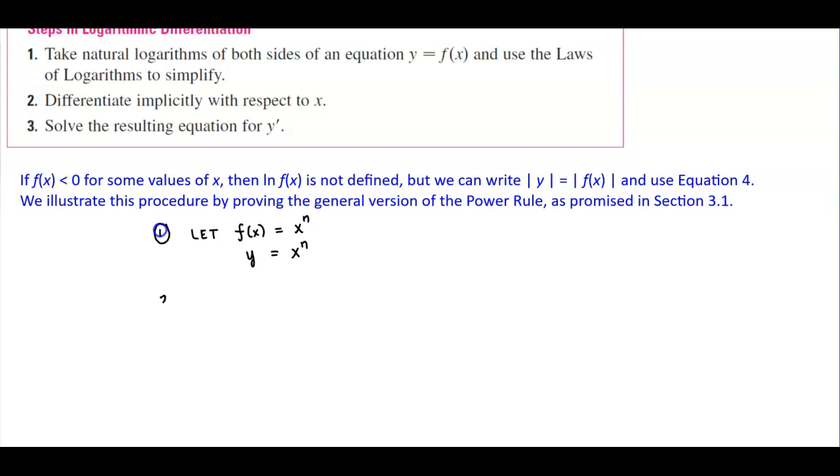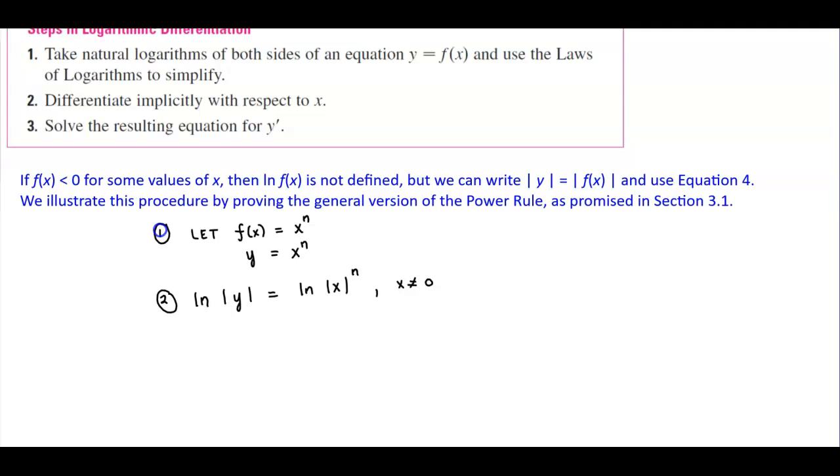Now, if we want to write this in logarithmic form, by taking the natural log of both sides, then we have the natural log of the absolute value of y, which is equal to the natural log of the absolute value of x to the power of n, provided that x does not equal 0.